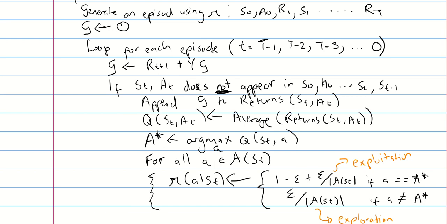Please note that in this case, you can rewrite this. For instance, in this section here, you don't have to loop in reverse. You can loop by saying t equals 0, 1, 2, up to T. But what would change in this case is that you now need to check that this is the first time that I encounter a state in this time step.